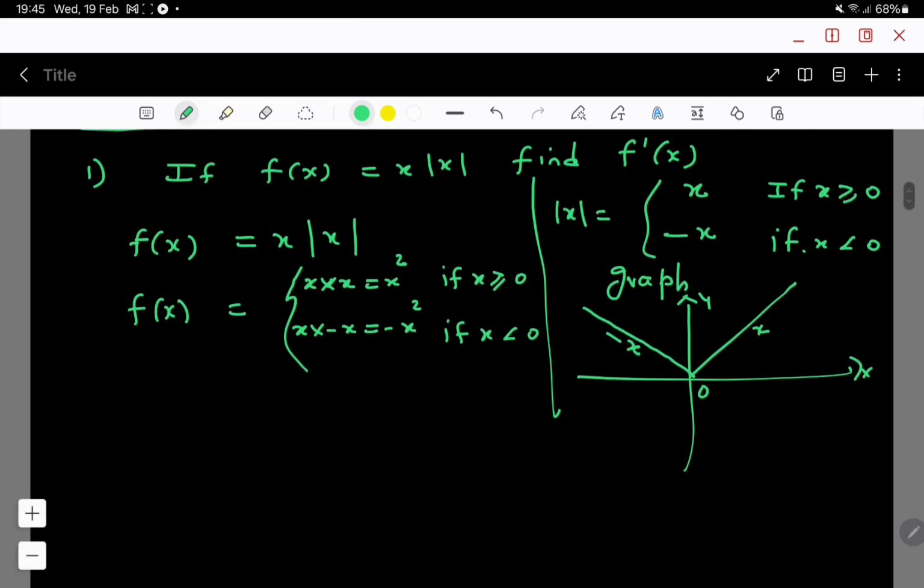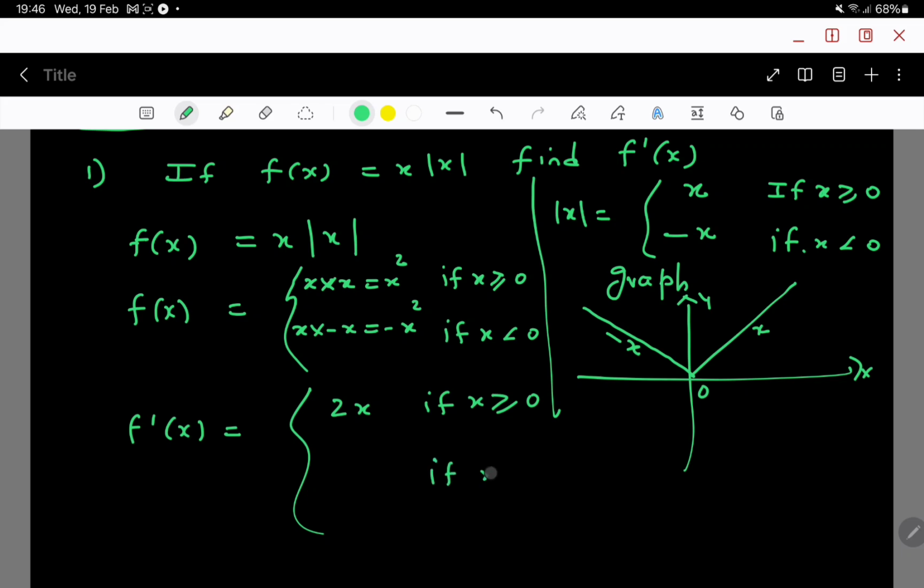Now we differentiate the function. f dash of x is equal to differentiation of x square is 2x, if x is greater than or equal to 0. If x is less than 0, differentiating minus x square, we get minus 2x.